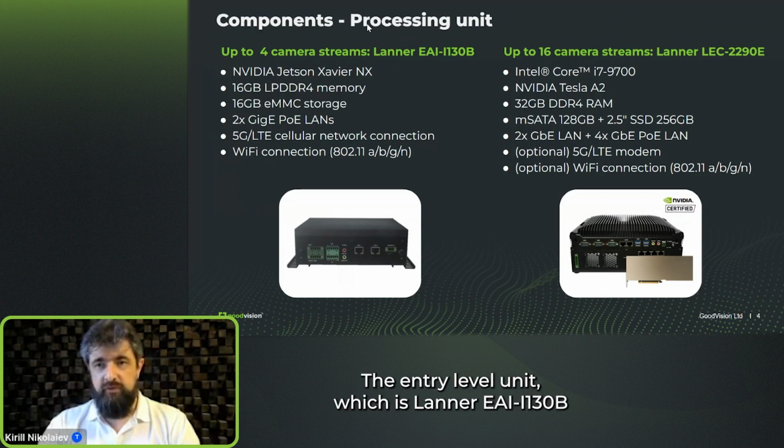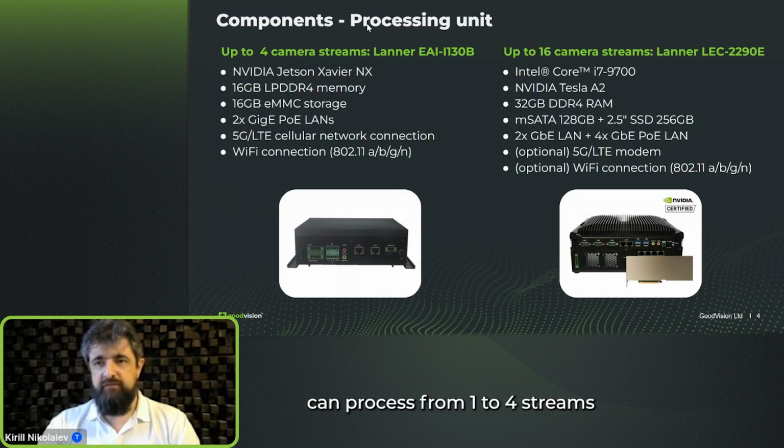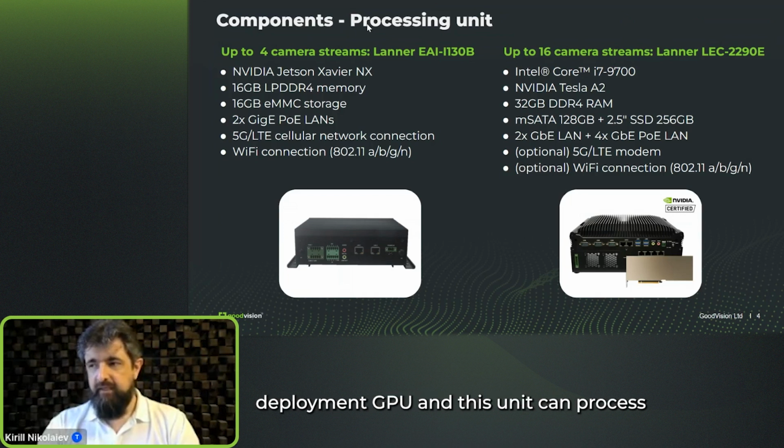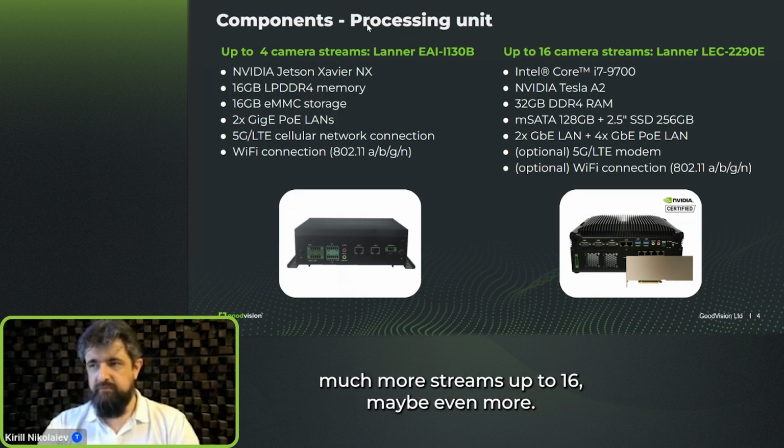The entry-level unit, which is Ladder 130B, can process from 1 to 4 streams, depending on stream quality and data to be extracted. And the Ladder 2290 unit hosts a powerful NVIDIA GPU, the server deployment GPU. This unit can process much more streams, up to 16, maybe even more.